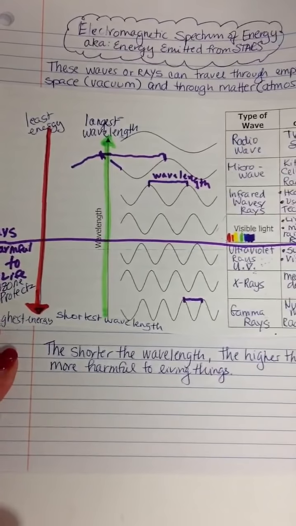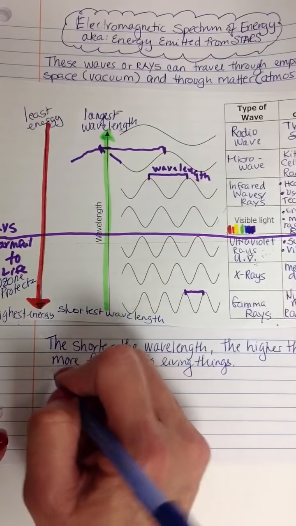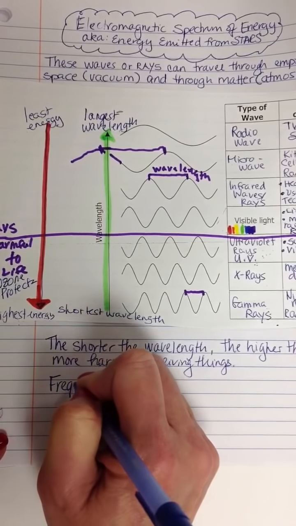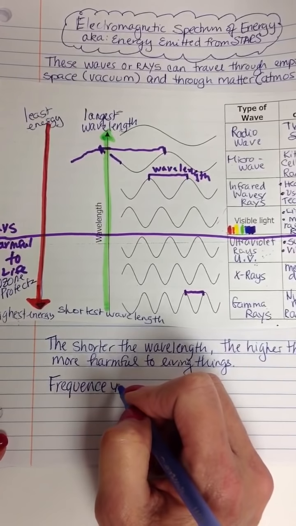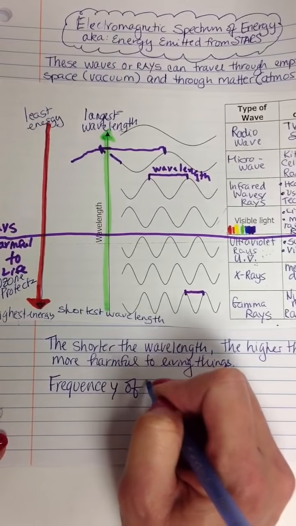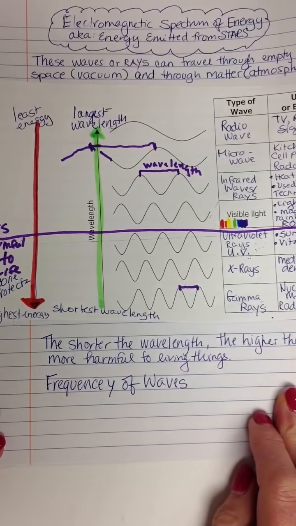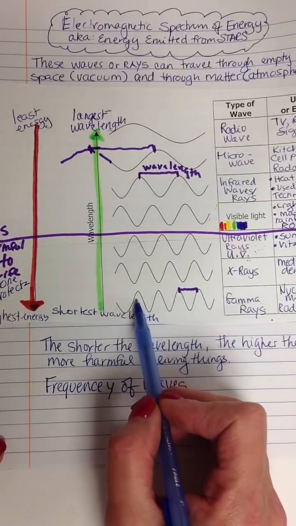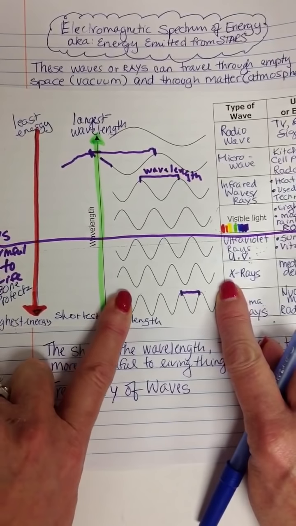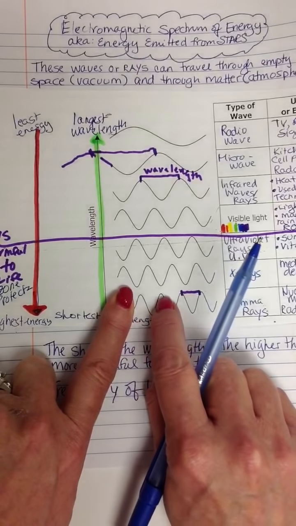Also, if you look at what's known as frequency, you all know that frequency just means how often something happens. So if we look at the frequency of waves, and let's say this is a second in time, how many waves pass us by? Well, you just have to count the peaks. So we have 1, 2, 3, 4.